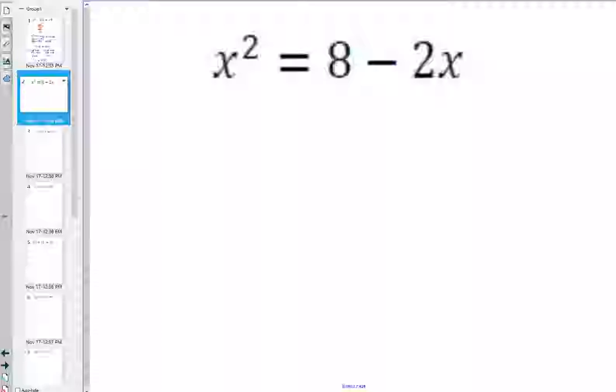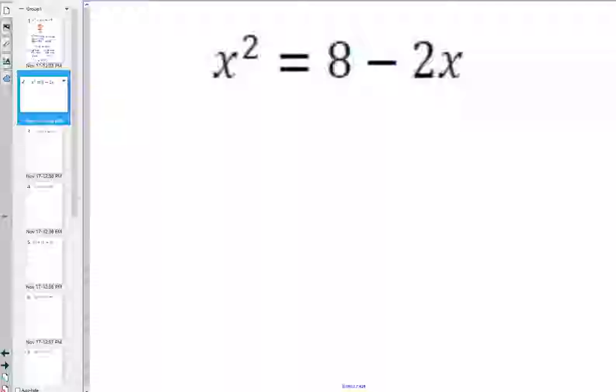Okay. This one here is not necessarily set up for anything in particular because we don't have the variables all on one side. We don't have all the terms on one side. So you could kind of pick. I mean, we probably wouldn't get anything like this on the test, but since I have carte blanche to do whatever I want here, I'm just gonna move everything to one side.